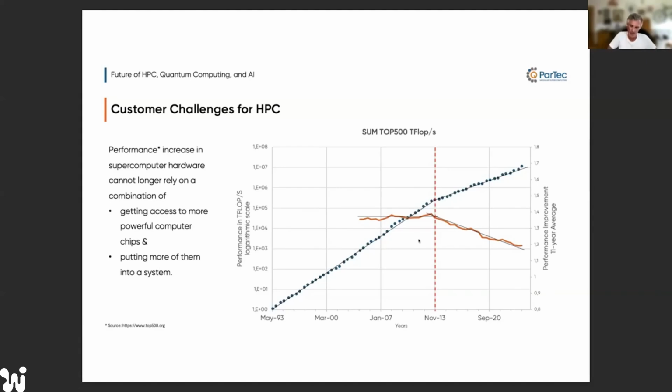And that is something that really challenges the HPC people, because you see that the supercomputer is not getting new performance by getting access to more powerful computer chips or putting more of them into a system right now. And that is really a big challenge, because we want to have more power with new systems, but we cannot do that with classical CMOS technology right now.